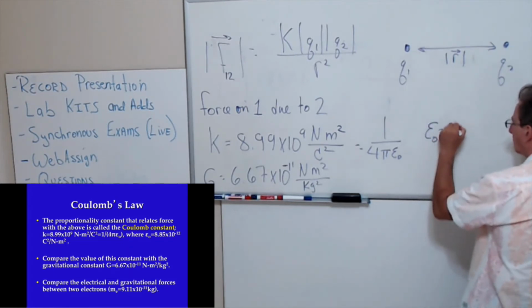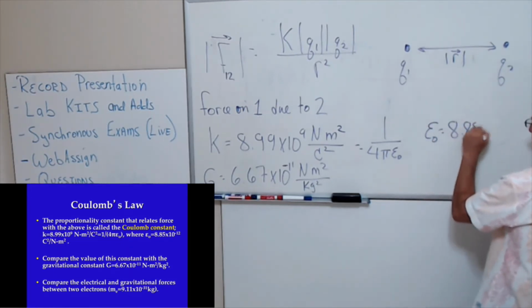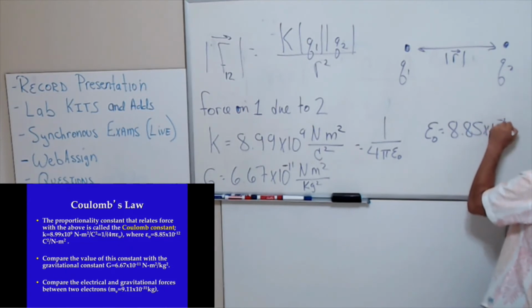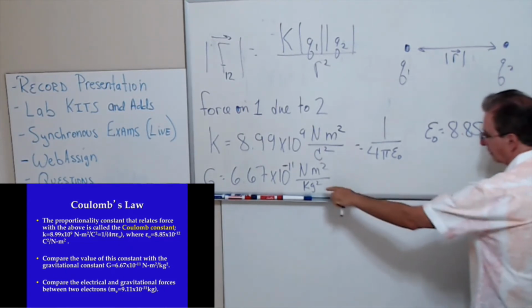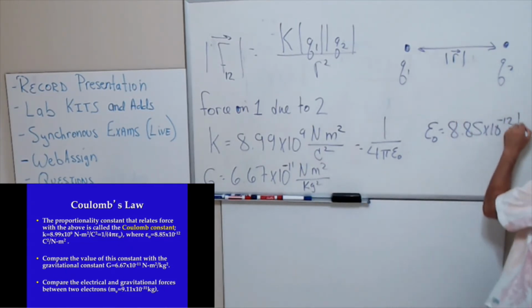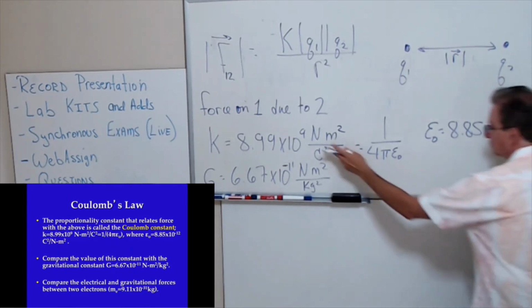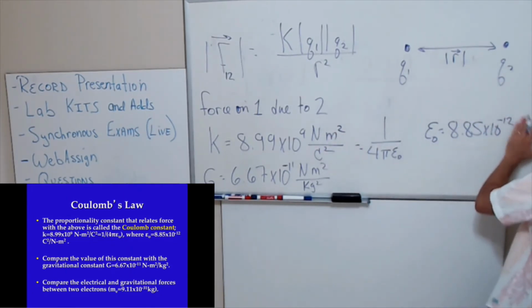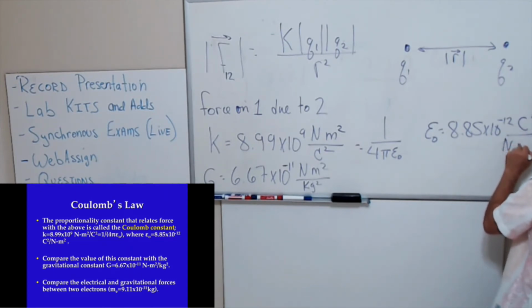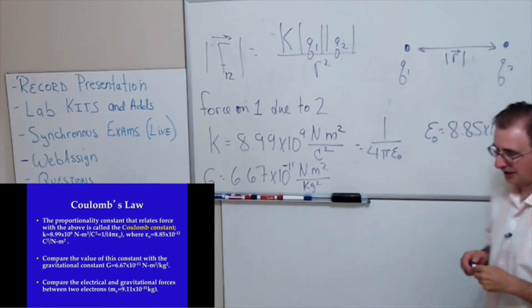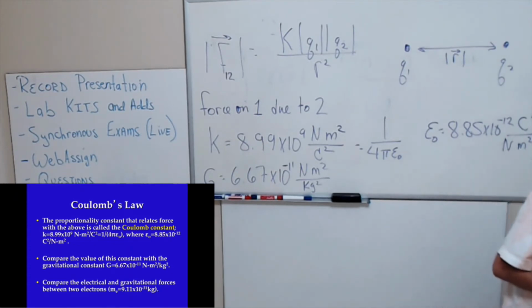Epsilon naught is 8.85 times 10 to the minus 12 with these units flipped. Sorry, these units flipped. All right, so this is called the permittivity of free space.